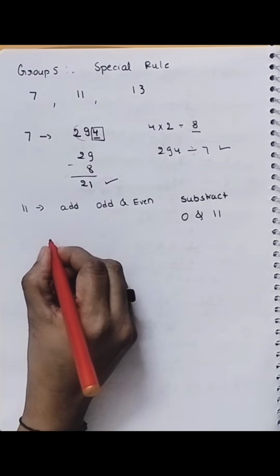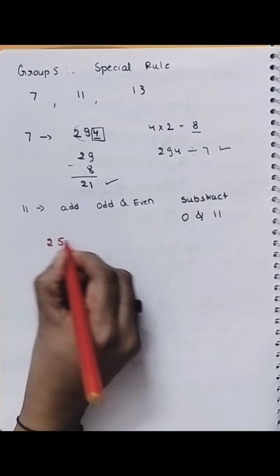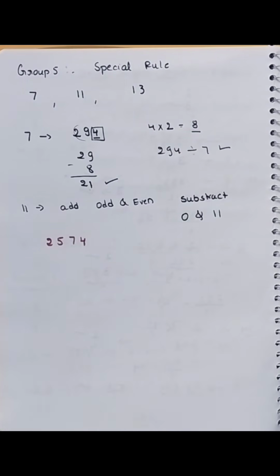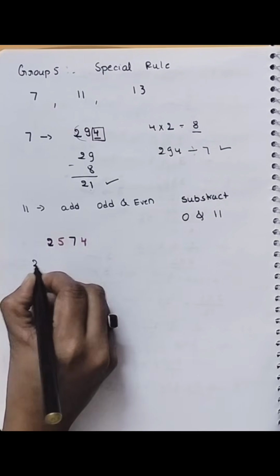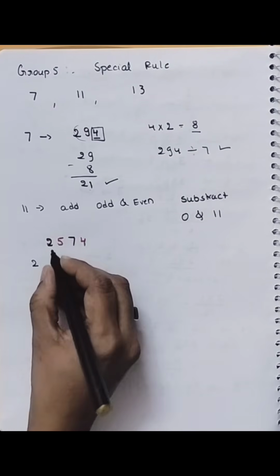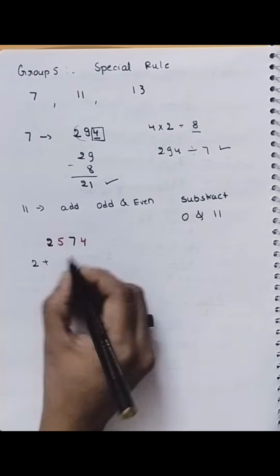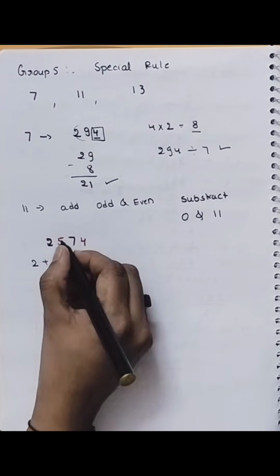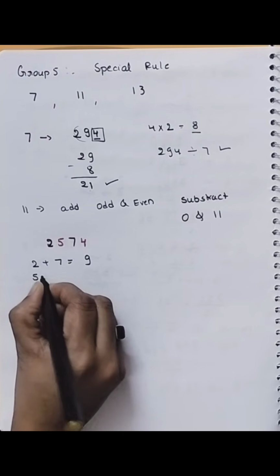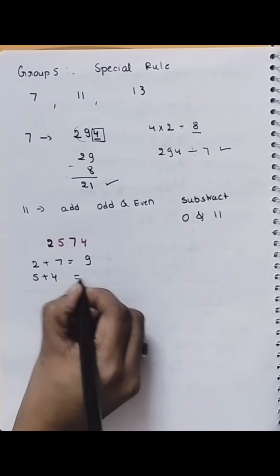Understand this with an example. Consider 2574. 2 and 7 are in the even position, counting from the digit place, so add them. What are we getting? 9. And if you add the odd position or alternate numbers, 5 plus 4 is 9.